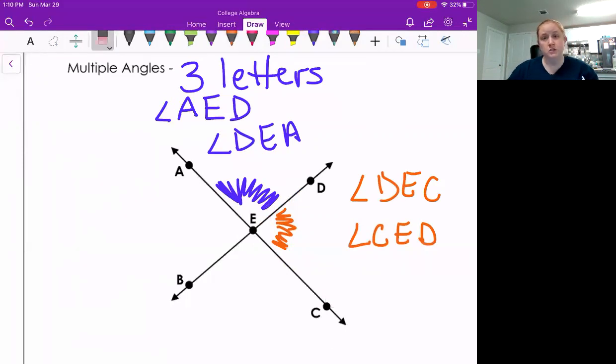If you start to notice, these two ways are very similar to each other, and really the letters have just reversed order. We still get two names for the exact same space.